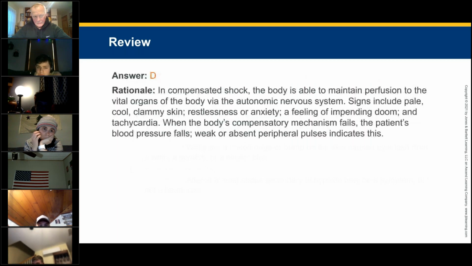All right, very good. D. Once you start to see their vitals changing, you know that they're no longer compensating.